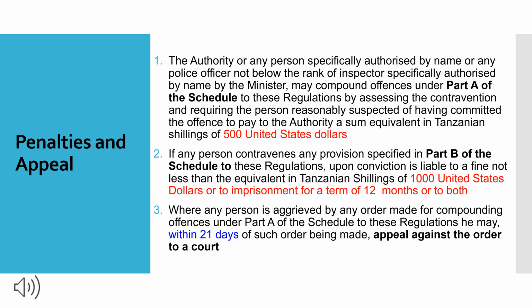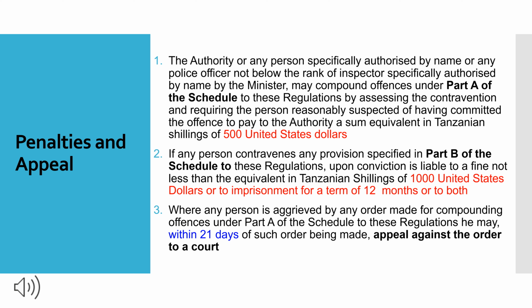If any person contravenes any provision specified in Part B of the schedule to these regulations, upon conviction, he is liable to a fine not less than the equivalent in Tanzanian shillings of 1,000 United States dollars, or to imprisonment for a term of 12 months, or to both.